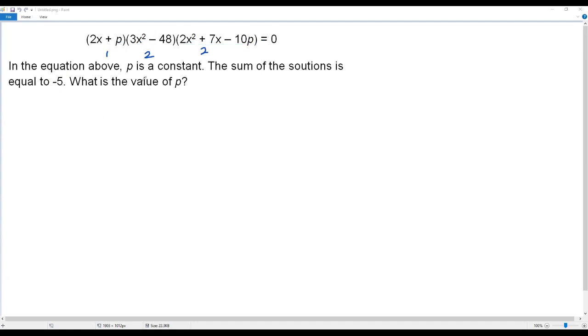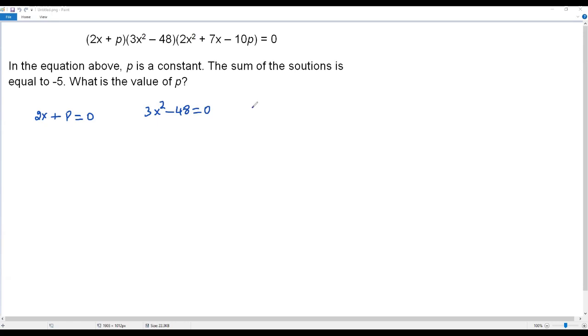Whenever the product of two or more quantities is equal to 0, the first quantity may be 0, or the second quantity may be 0, or the third quantity may be 0. So when I equate the first quantity to 0, I get 2x + p = 0. If I equate the second quantity to 0, I get 3x² − 48 = 0.